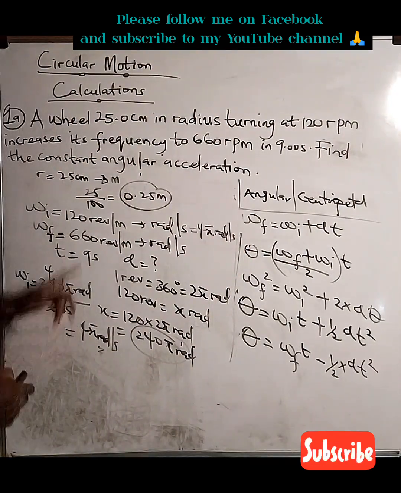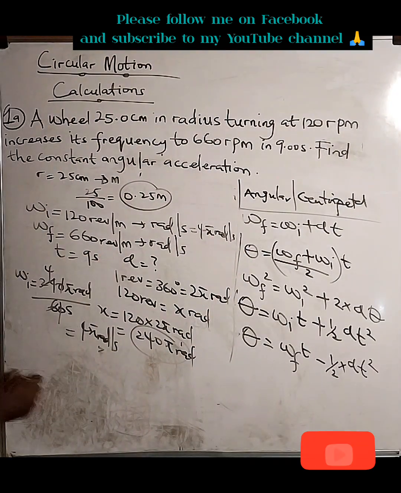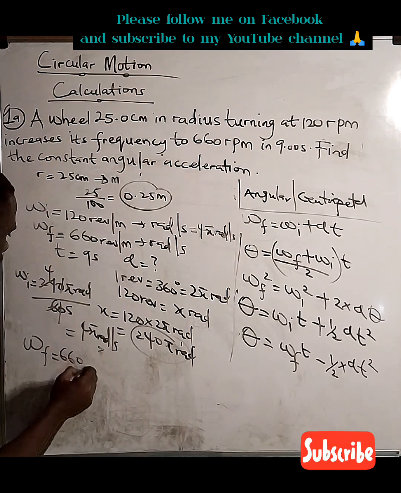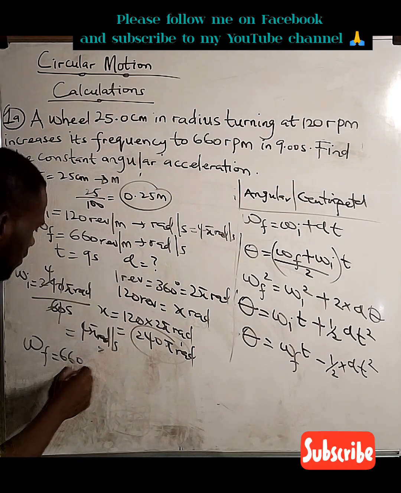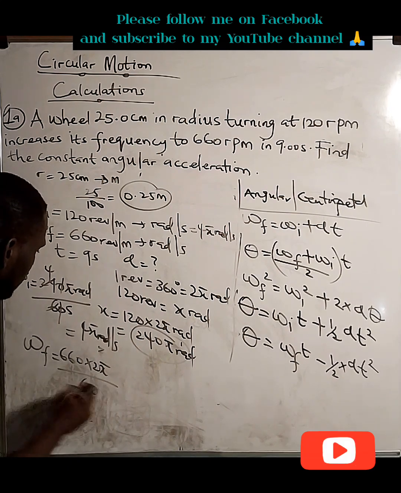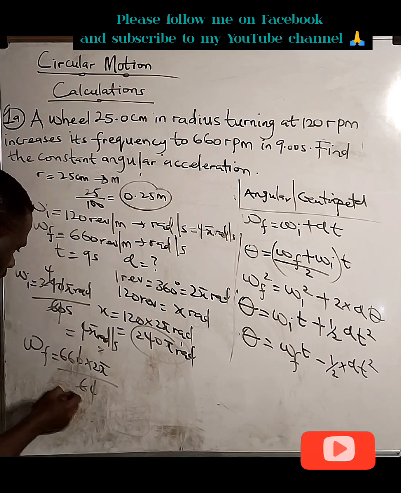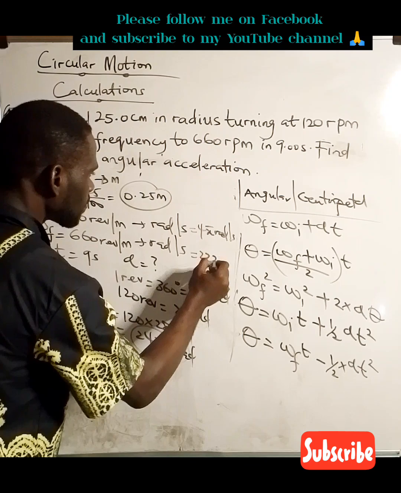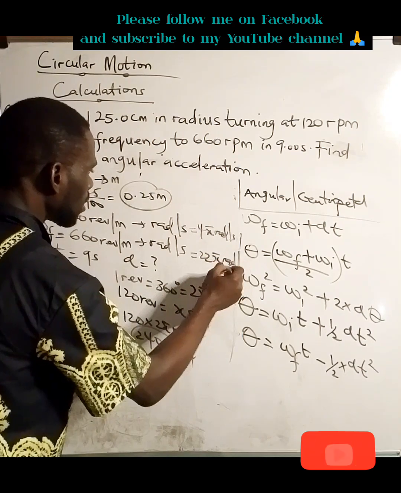We're going to do the same thing for the final. The final speed will be 660 times 2 pi rad divided by 60, which gives us 22 pi rad per second.